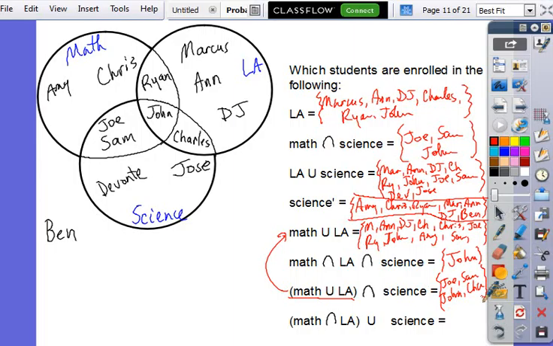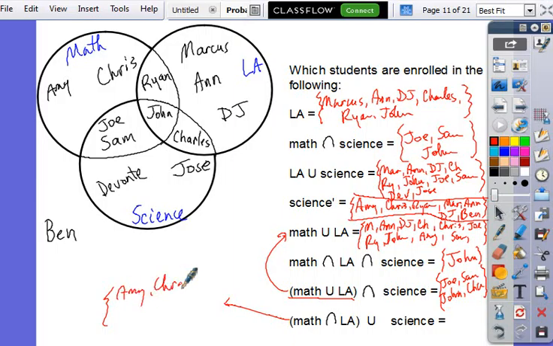The last one, math intersected with language arts. Well, we hadn't done that one yet, have we? So we need to do that one first. So math and language arts. Ryan, John. That's going to be a whole bunch. I'm going to do that one over here.